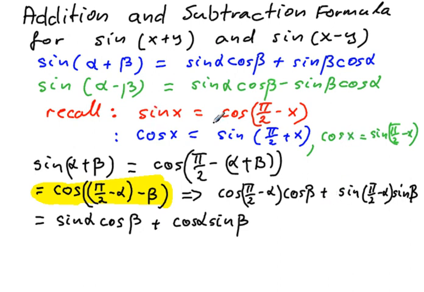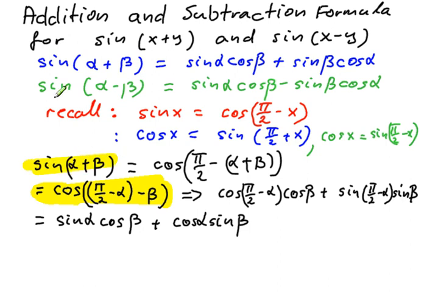So sine x into cosine, cosine into sine. So now we have shown that sine of the sum is equivalent to the following sum of products: sine alpha cosine beta, and then you switch to cos alpha sine beta. Okay, so that would be the equivalency between this and that.